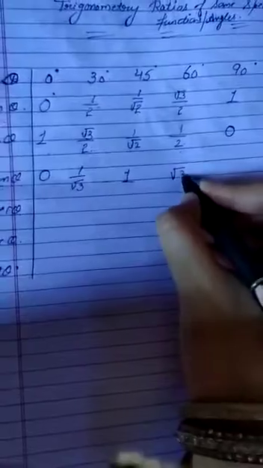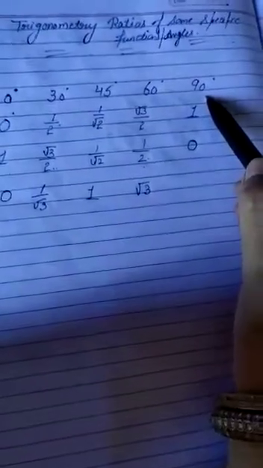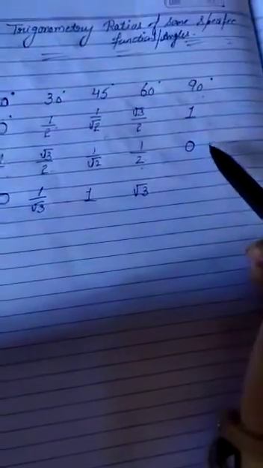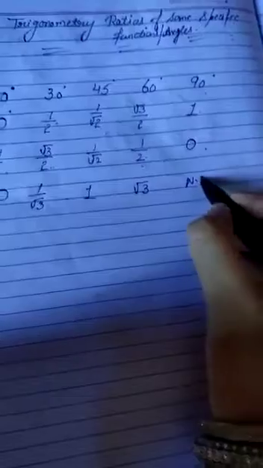Dividing these two values, the answer is equal to under root 3. And when we find the value of tangent theta at 90 degree, we have to divide 1 by 0, and we know that we cannot write 0 in the denominator, so here we write it as not defined. Clear?